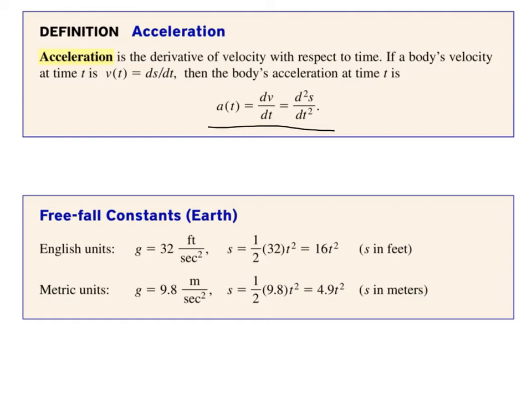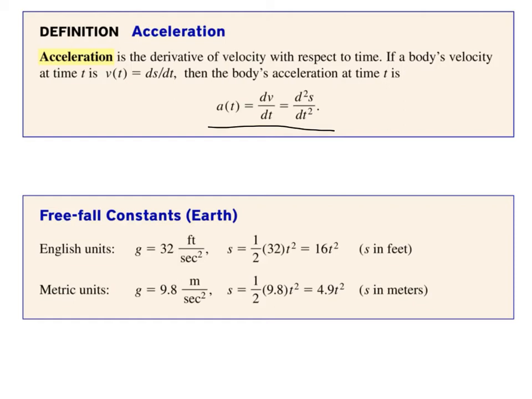Again, before we start answering some of these questions, we just need to know some units for free fall. English units would be in feet per second squared, so gravity is 32 feet per second squared. The equation for the change in position is 1/2 acceleration, which is 32, times time squared, which simplifies to 16t squared.